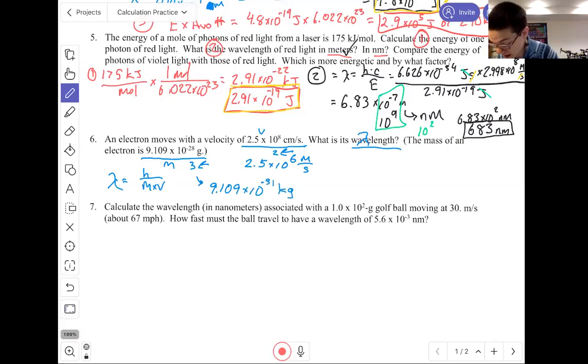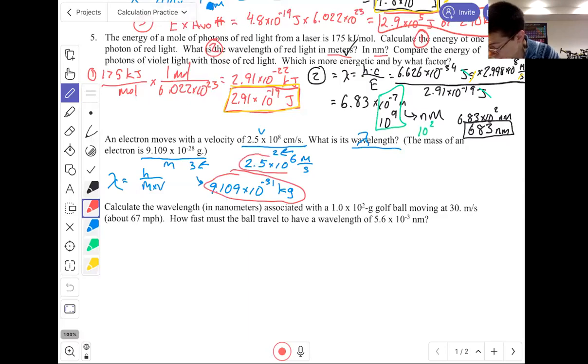Okay, so now I have a mass, I have a velocity, and this is a constant. So I can plug them all in and see what I've got. So my wavelength, that constant, Planck's constant, 6.626 times 10 to the negative 34th joule second, over, you've got 2 things in the denominator here, so your brain should automatically go, I want parentheses down there so that mathematically this works out the way I want it to.